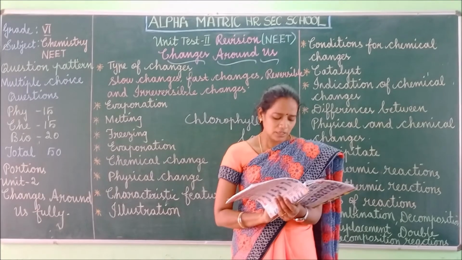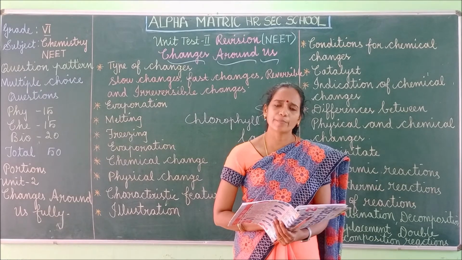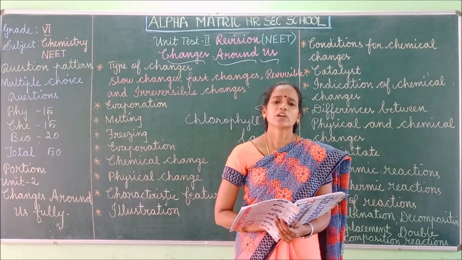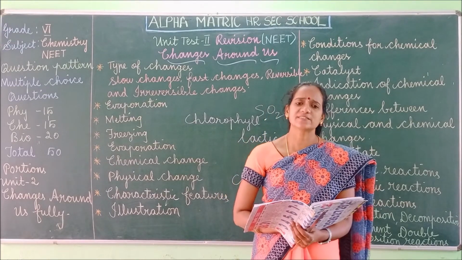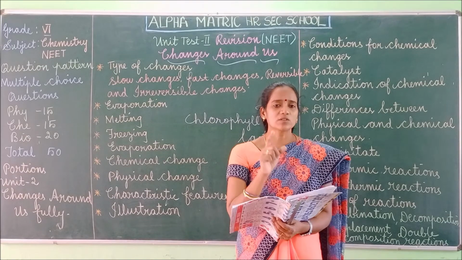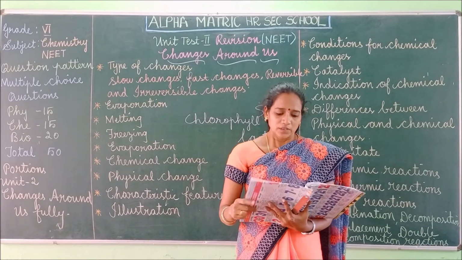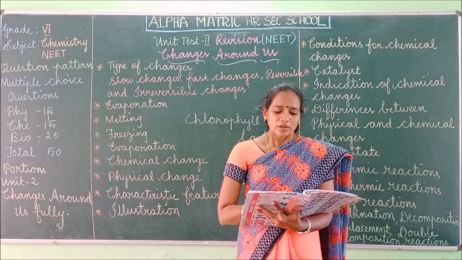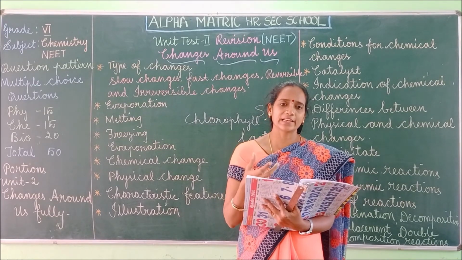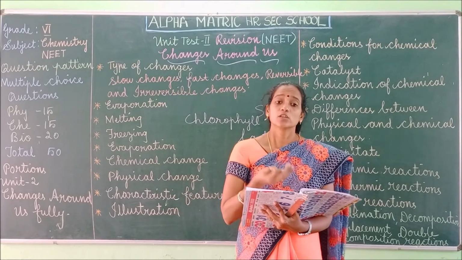Next. Which gas is the main source for global warming? Carbon dioxide. Carbon dioxide gas is the main source for global warming. This is also one important question. Next, one more question. Suppose the options you get are carbon dioxide, methane gas, CFC.